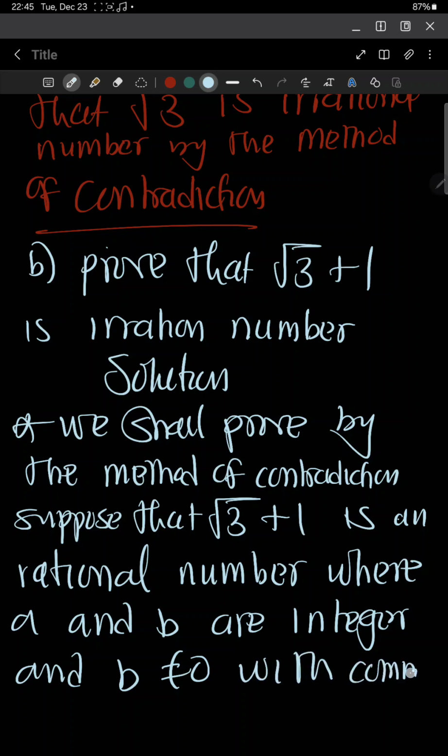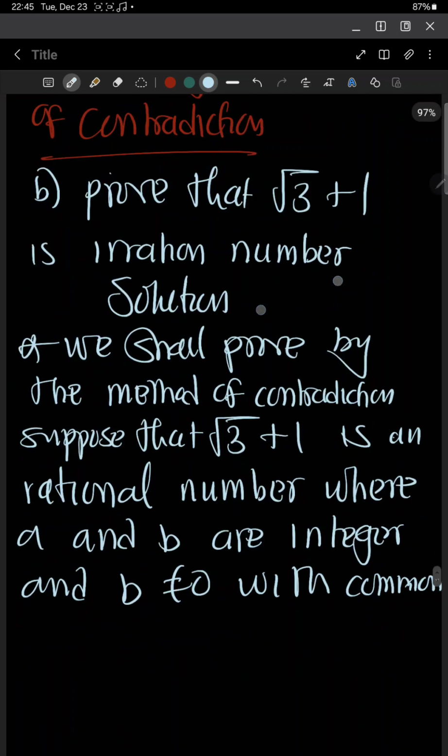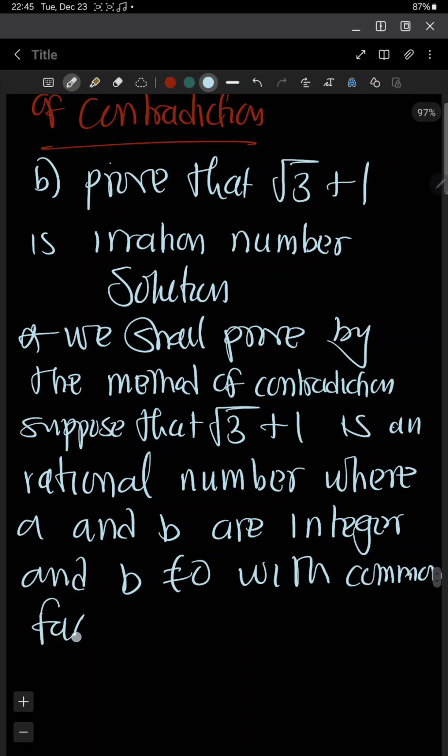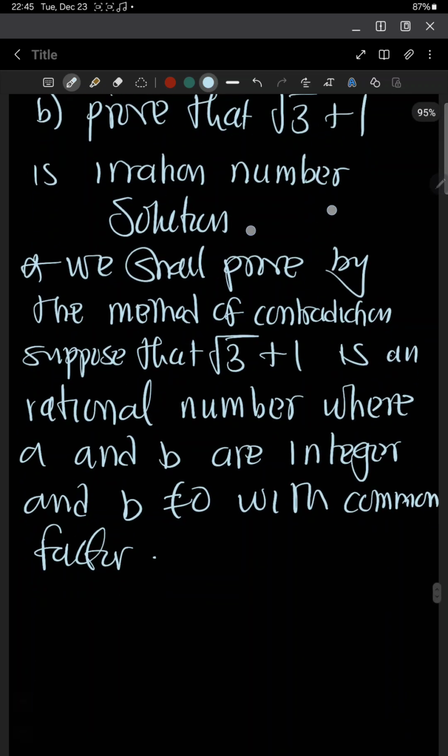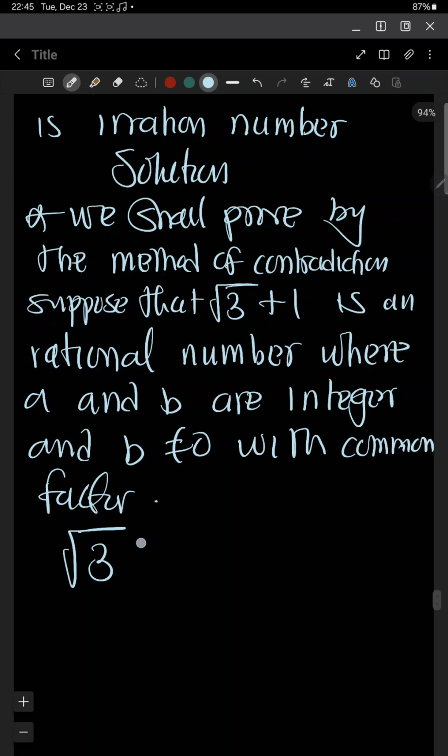It is very important to write this statement with no common factor, full stop. So we'll say square root of 3 plus 1 is equal to A over B.